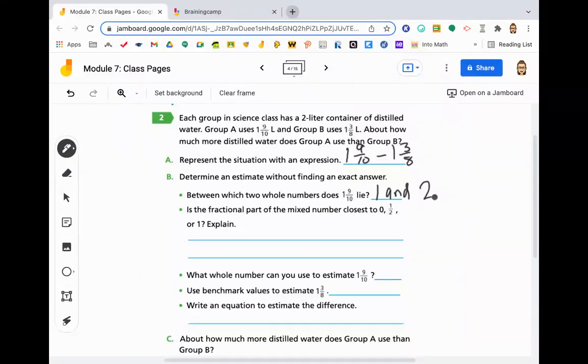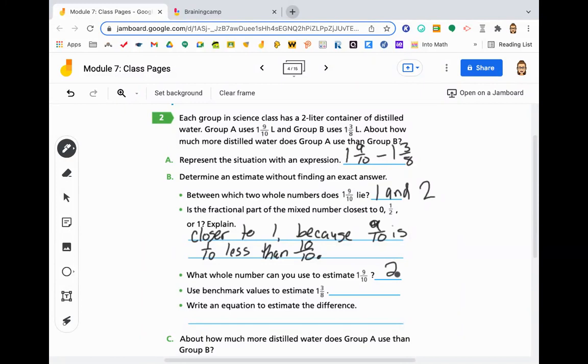Well, 9/10 is going to be closer to 1, because 9/10 is 1/10 less than 10/10. So what whole number can you use to estimate 1 9/10? It will be 1 plus the other one, so 2.